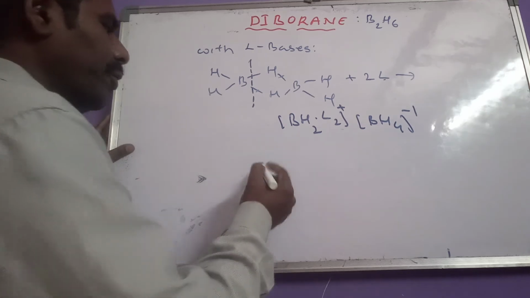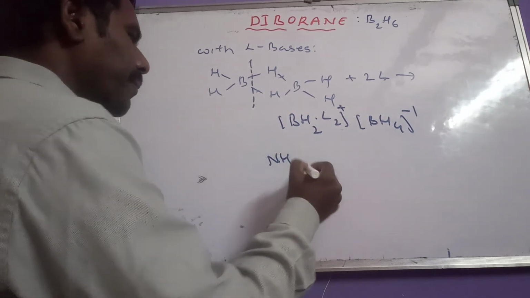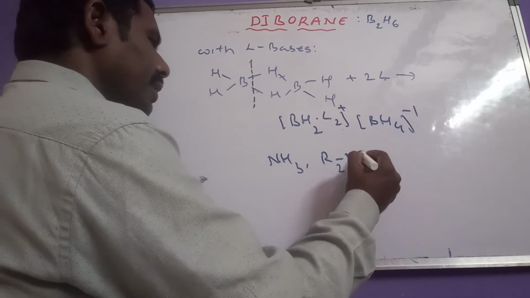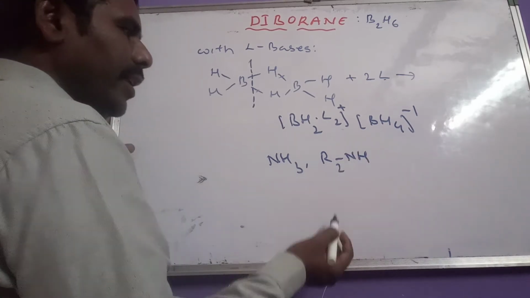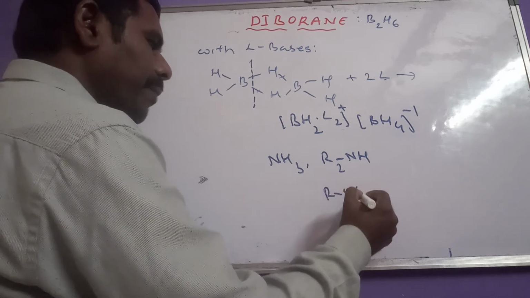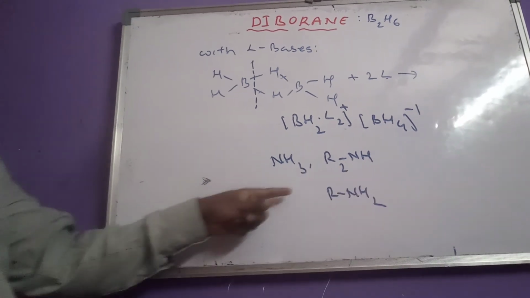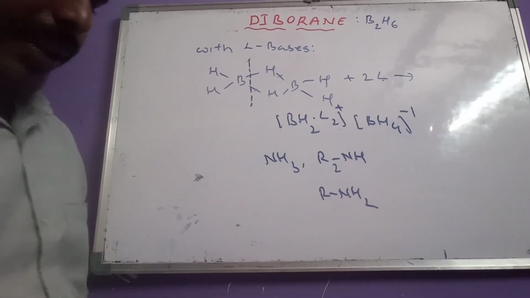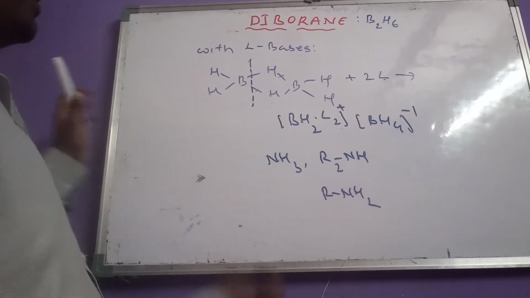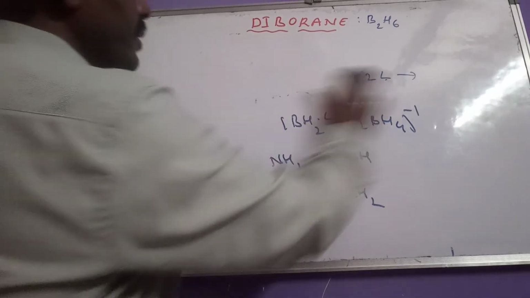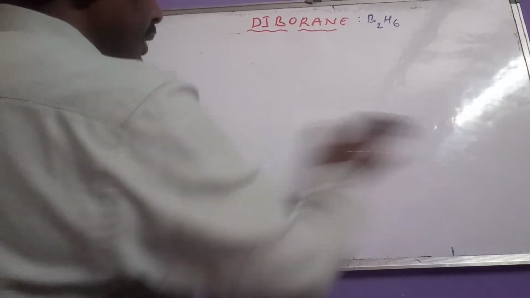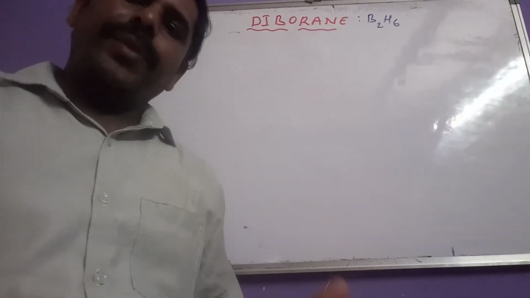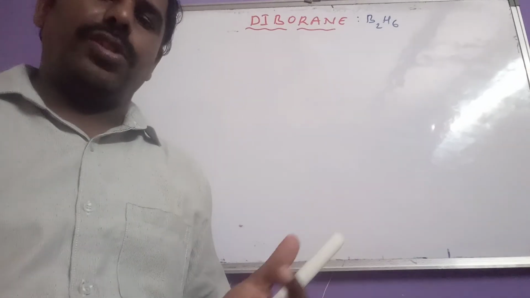And the examples here are ammonia, secondary amine and primary amine. So in these cases we can observe heterolytic cleavage of diborane. So these are important for competitive exams. In which cases we get homolytic cleavage and in which cases we get heterolytic cleavage, we get questions related to that.